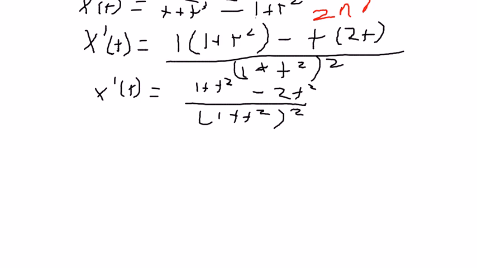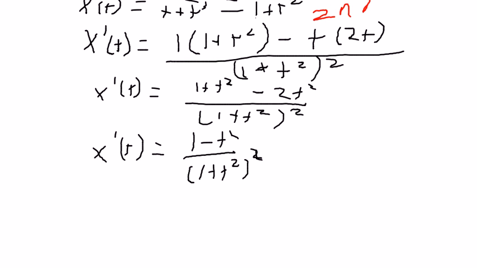And we can further simplify that by saying x prime of t equals 1 minus t squared over 1 plus t squared squared. So velocity equals 1 minus t squared over 1 plus t squared squared.